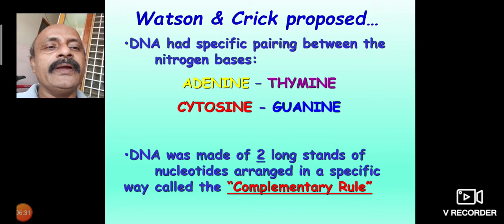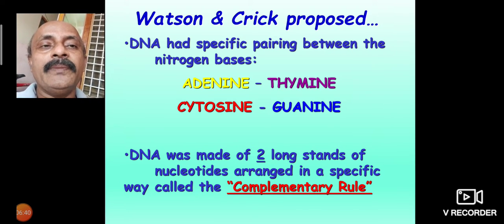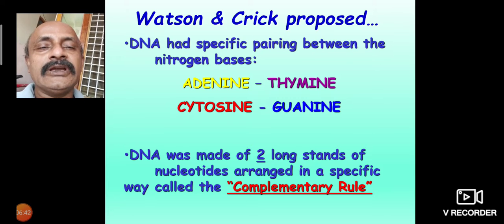DNA was made of two long strands of nucleotides arranged in a specific way called the complementary rule. Adenine and guanine are purines, thymine and cytosine are pyrimidines. One purine always bonds to one pyrimidine.